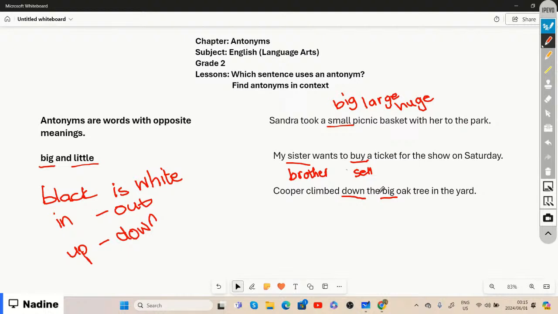So the opposite of down. If I'm not going down, or if I'm not coming down, then I'm going where?